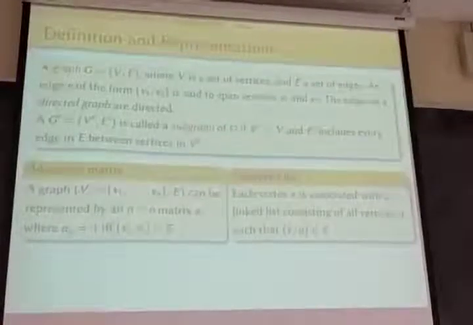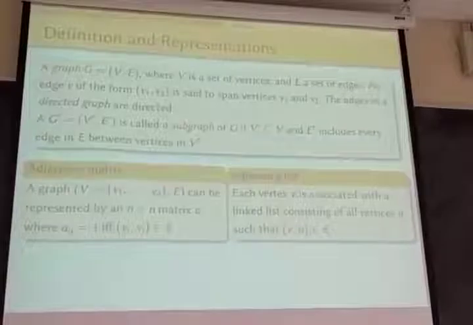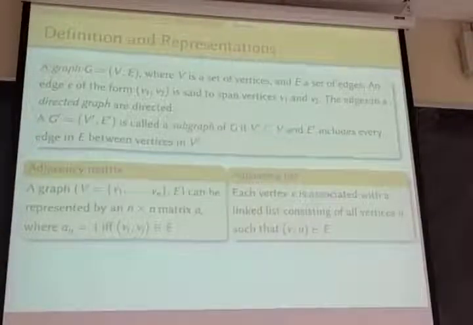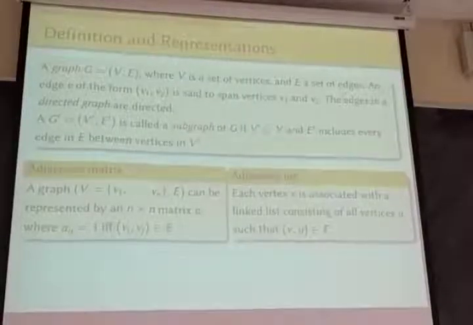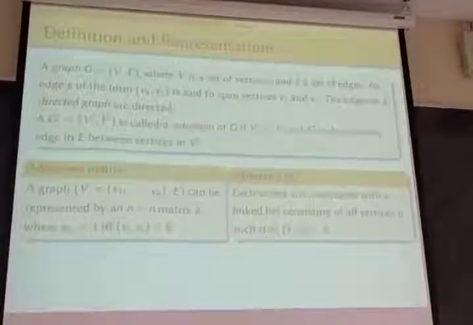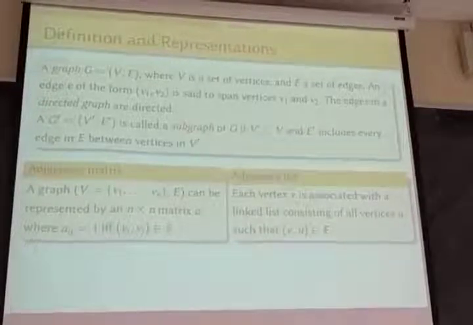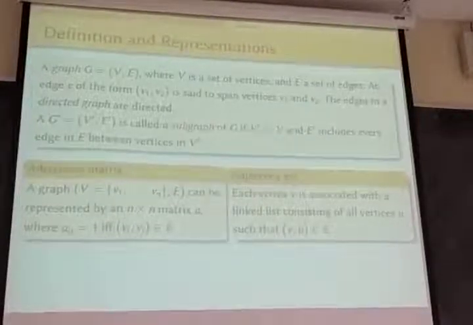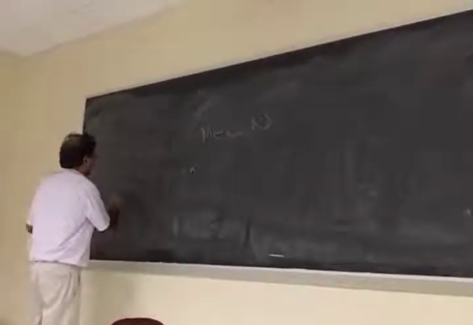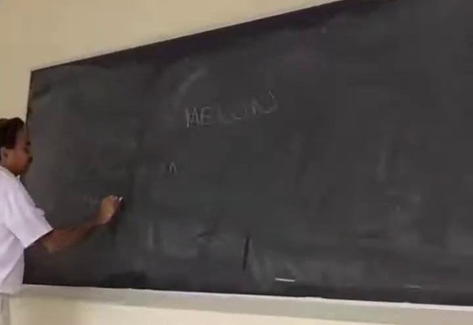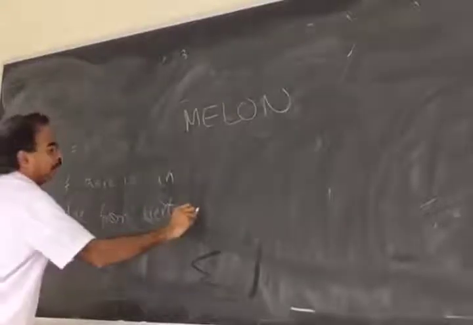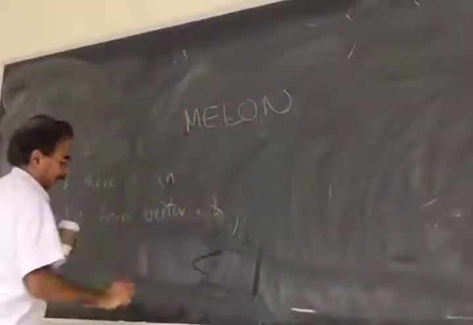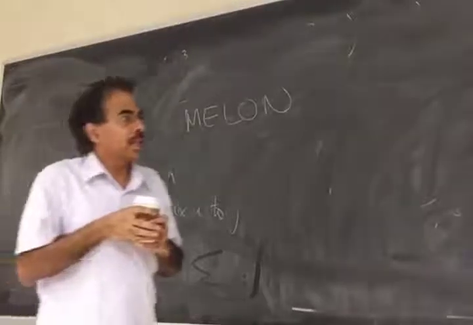So it's basically an array representation where you have an array A, and A[i][j] equals 1 if there is an edge from vertex i to vertex j.